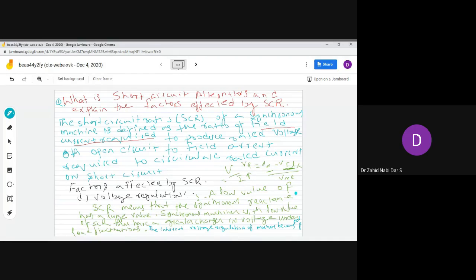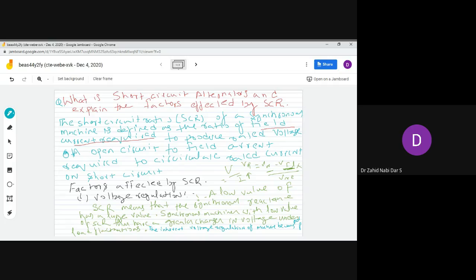So machines, if you go to your higher semesters also, as far as the machine is concerned, you will notice the machines, like the generators, are connected in parallel.